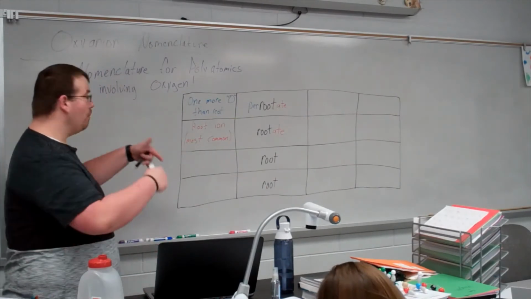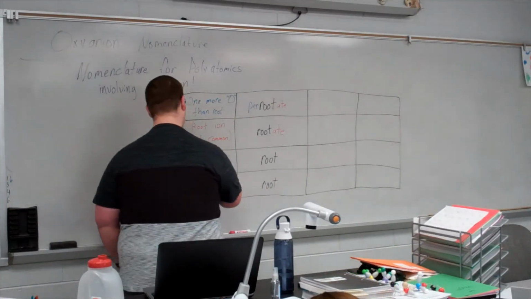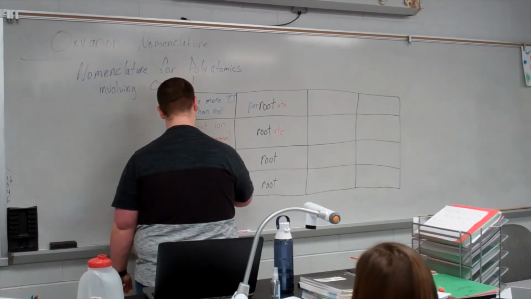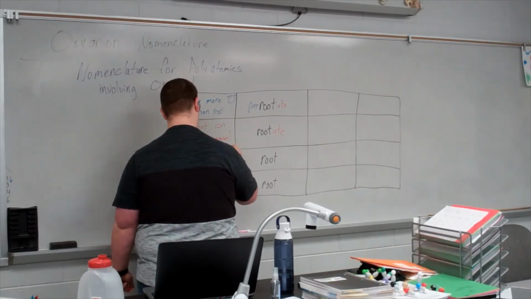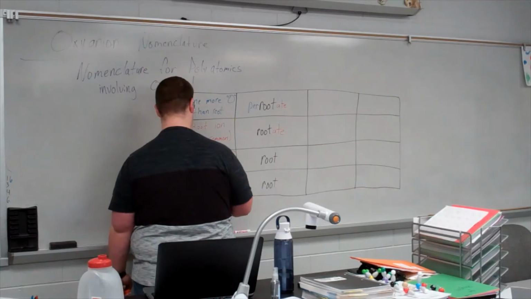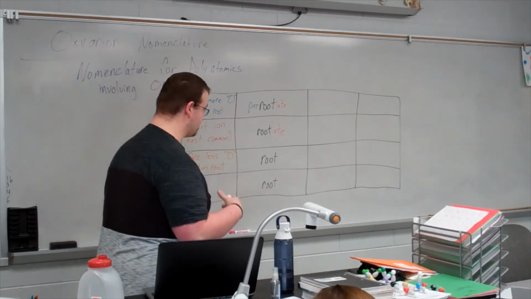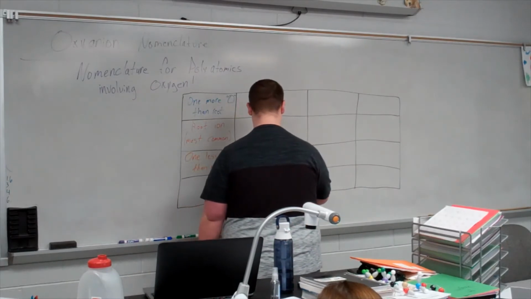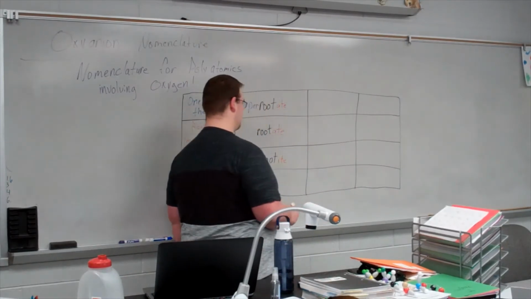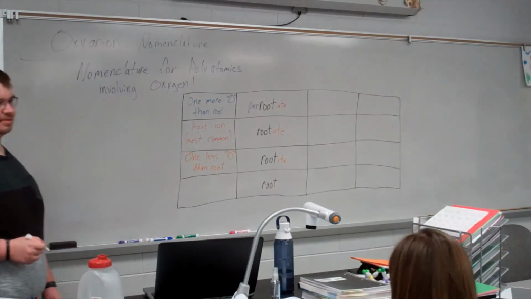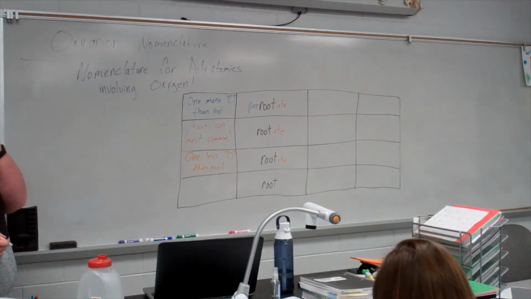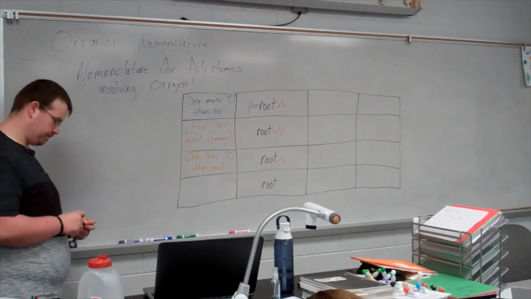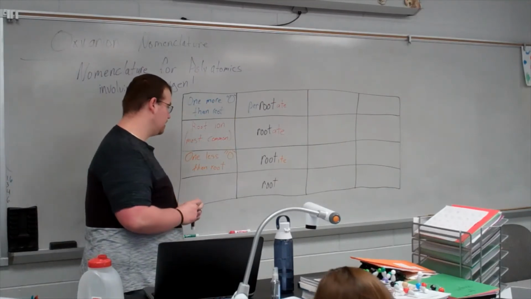Now, going below the root, this one is one less oxygen than the root. If it has one less oxygen than the root, it's root-ITE.